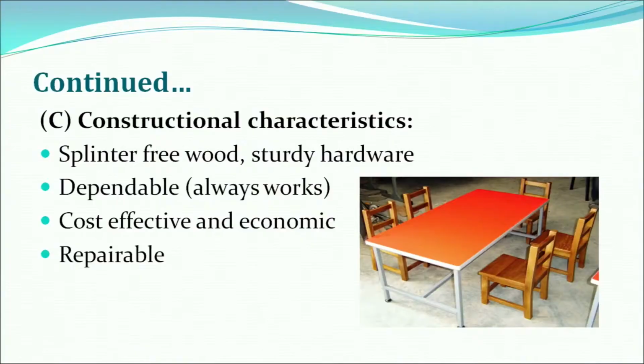So, it should be slim, for example, it should be splinter free wood, it should be sturdy hardware, it should be dependable, that is, always works, it should be cost effective and economic also, that is also very important, and the equipment can be repaired.